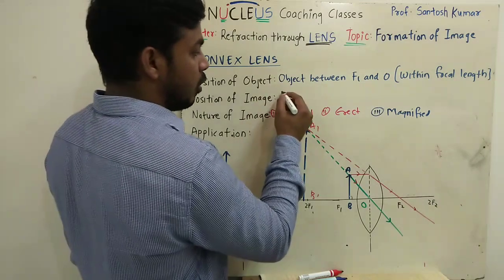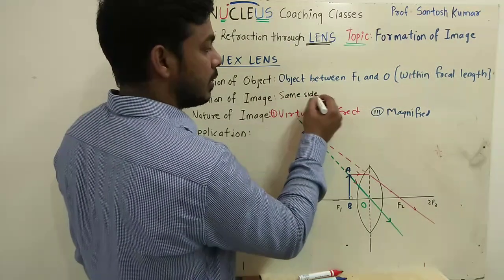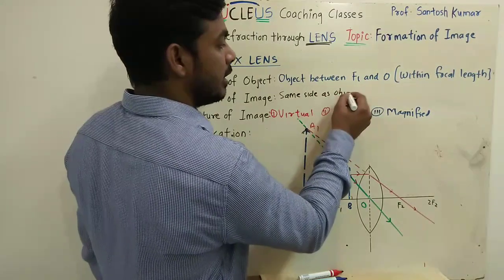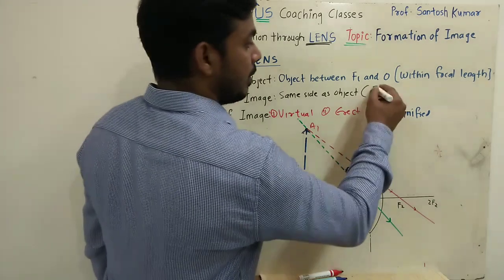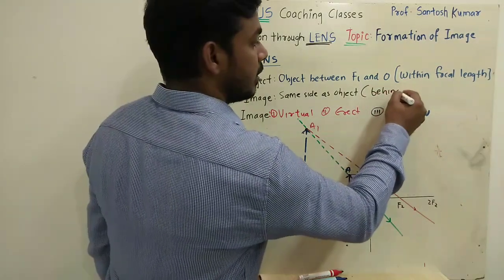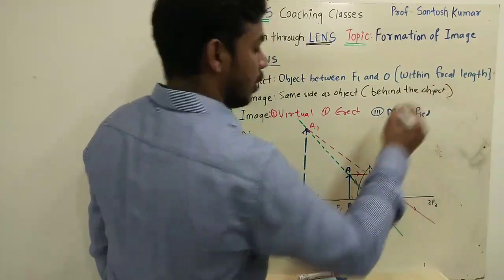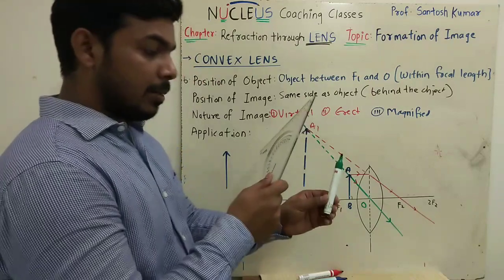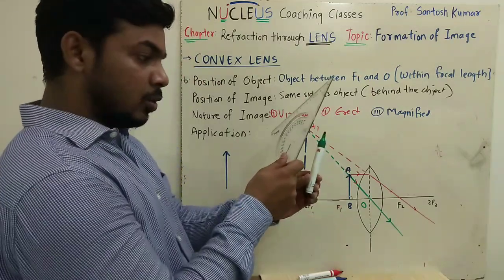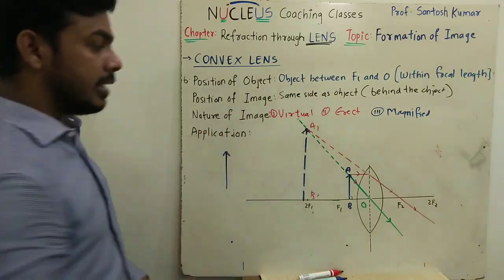But remember, it is behind the object, because if I try to see an object by a convex lens placed very close, the image will form behind the object. So this is the case.